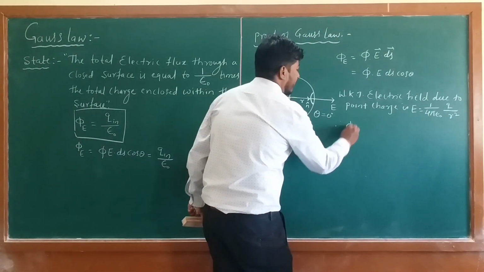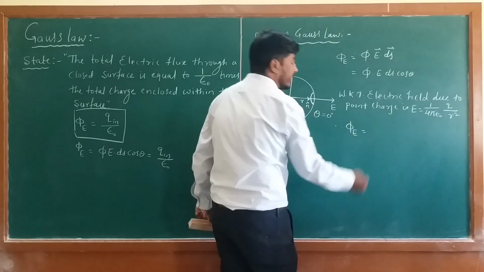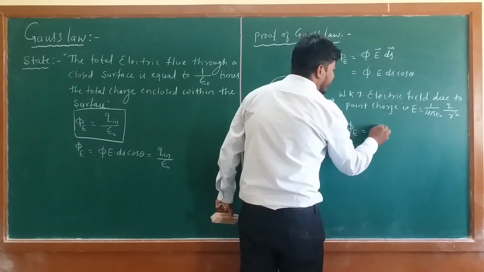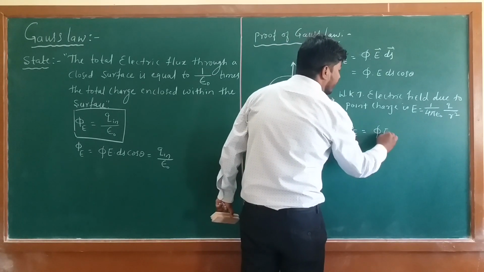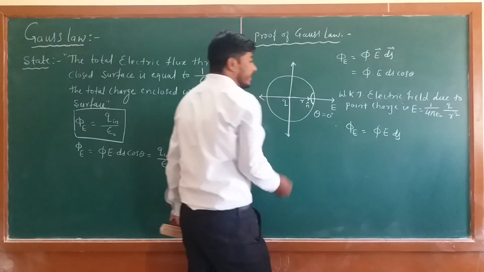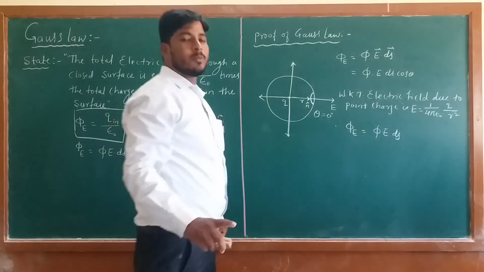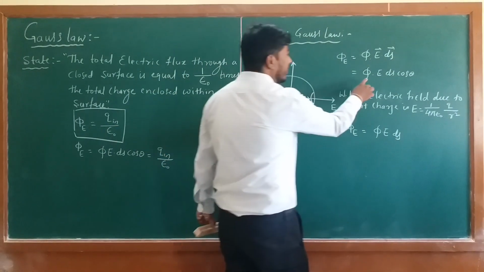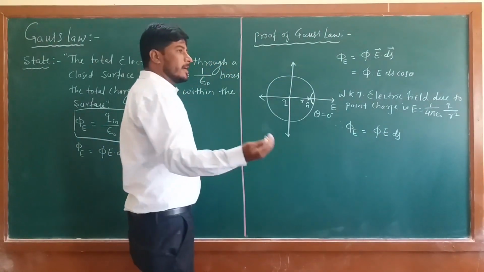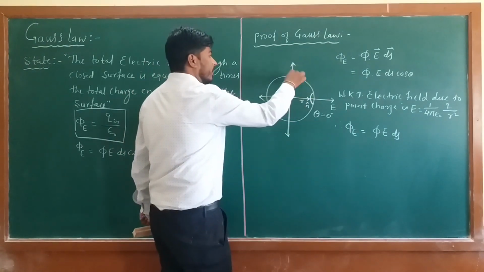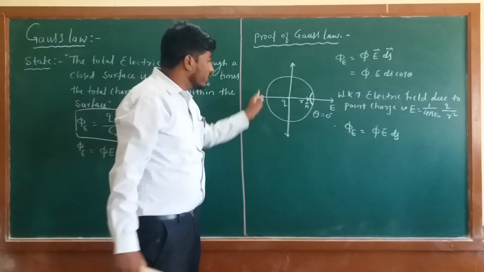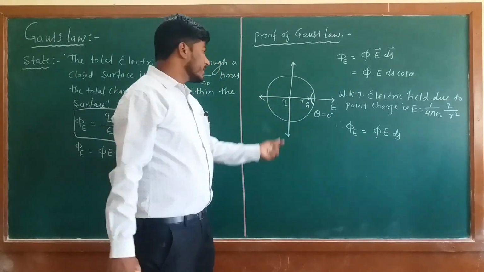Therefore, phi of E is equal to, what can you write here? It is the surface integration of E dot ds. Here theta is equal to 0, cos 0 is how much? It is 1. So you get the surface integral of E ds. Now, if I consider a small interval of the surface on this total surface, we will get the same electric field.